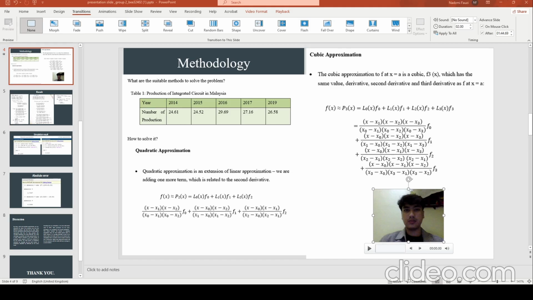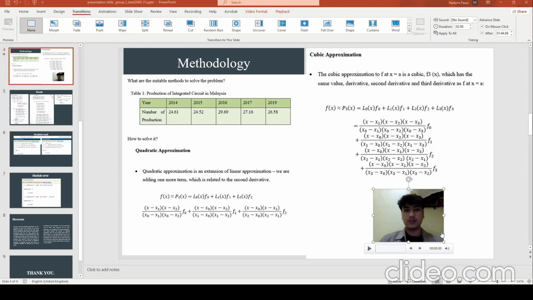What is quadratic approximation? Quadratic approximation is an extension of linear approximation, where we add one more term which is related to the second derivative. In this slide, we can see the method.